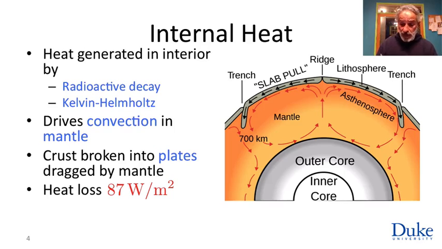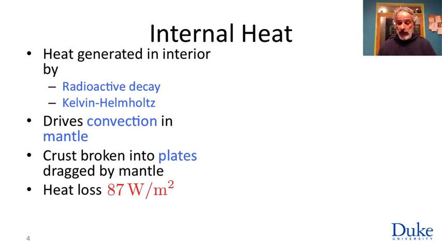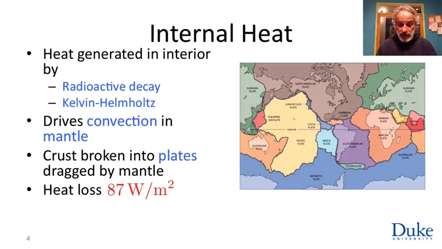The other effect, of course, is that the horizontal component of the flow at the top of the mantle drags the crust around. Earth's crust is broken into plates, and the motions of these plates tell us a lot about the nature of geological processes on Earth. The fact that Earth has this plated crust and that these crusts are moving leads to recognizable features.